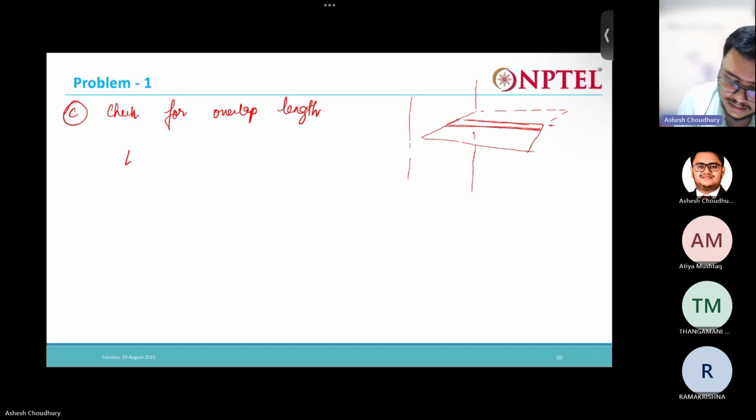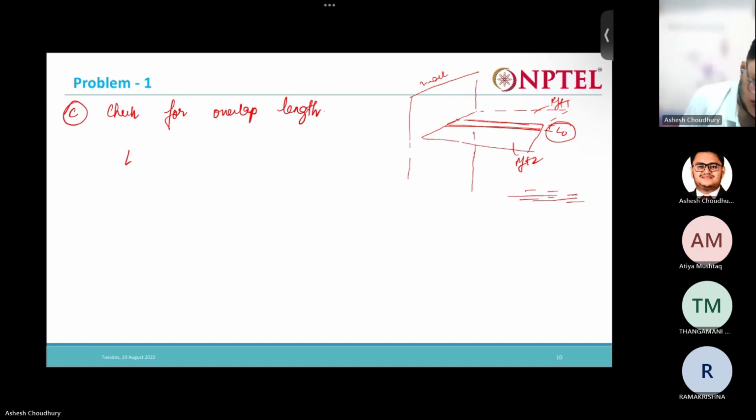So this is the overlap distance, L. This is the wall, so this is the reinforcement RFT1, this is RFT2, and this is the overlap length. We are checking for this overlap length. Since the overlap will be something like that, there are 4 surfaces: 1, 2, 3, 4.